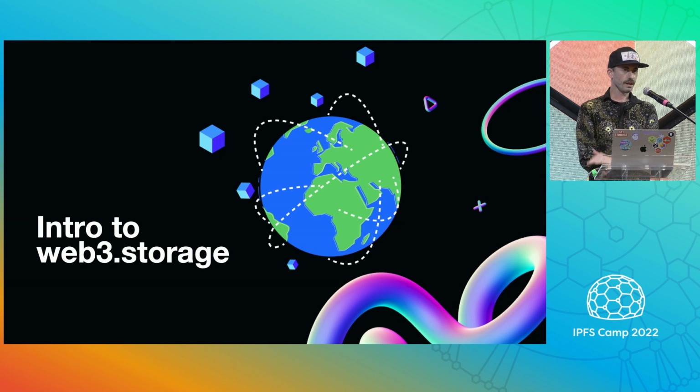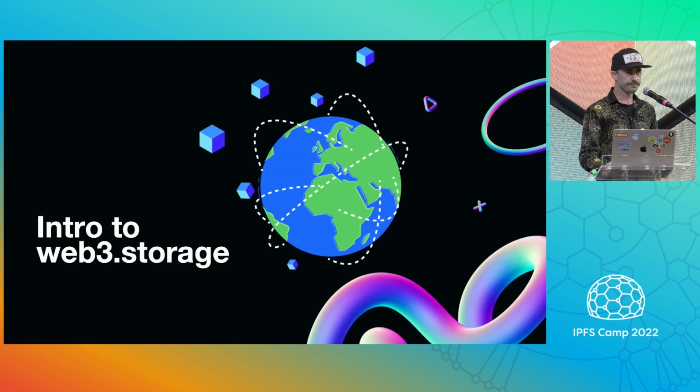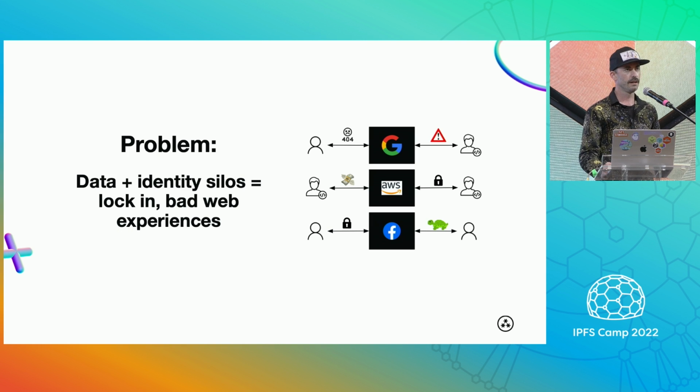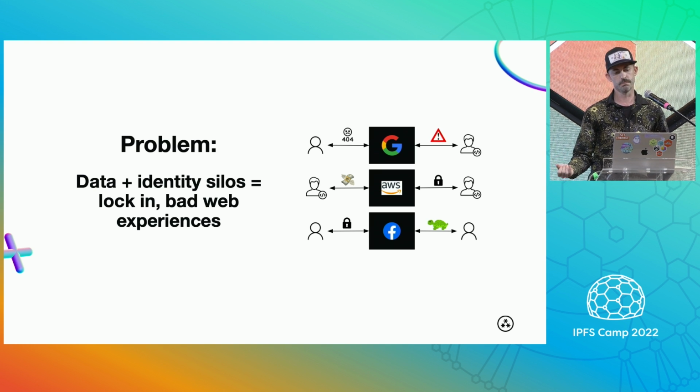So maybe spend a little bit more time talking about Web3 storage and where we come from. We are focused on solving this problem that a lot of people don't really see as a problem, but the way that the centralized infrastructure providers work today puts a ton of constraints on the kinds of applications you can build.